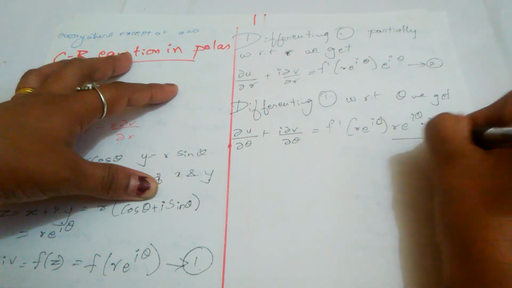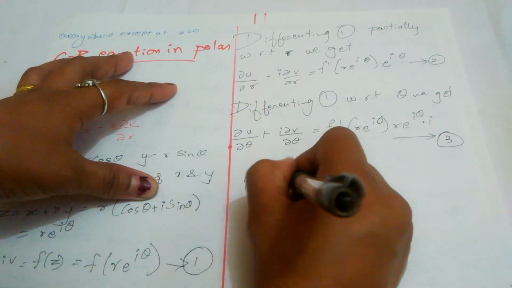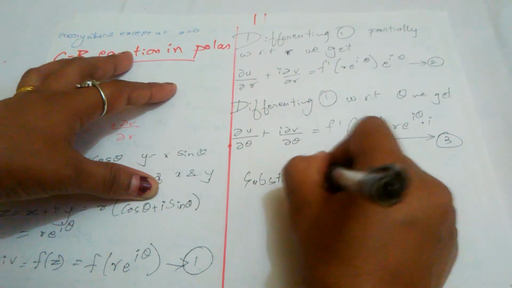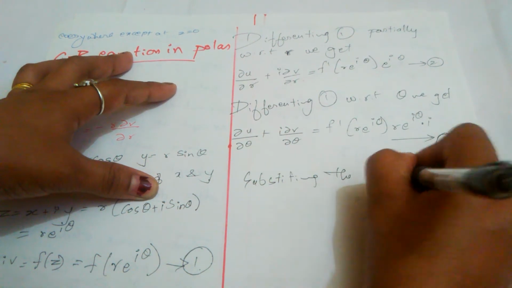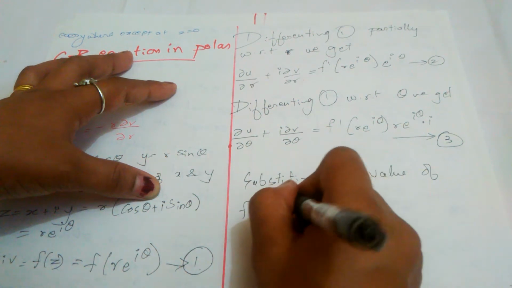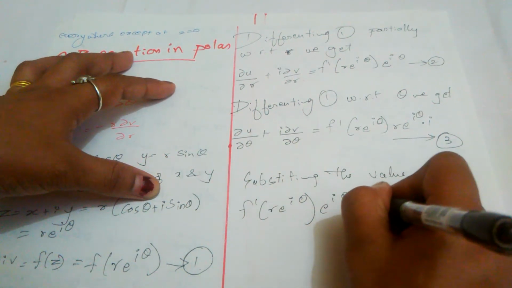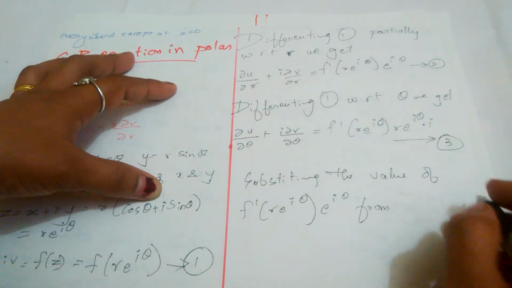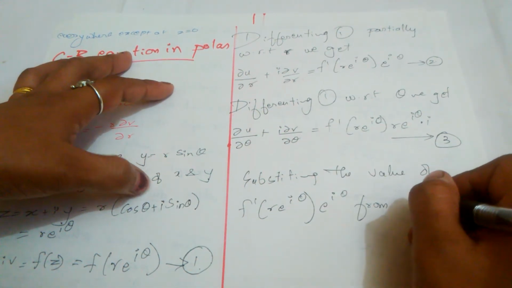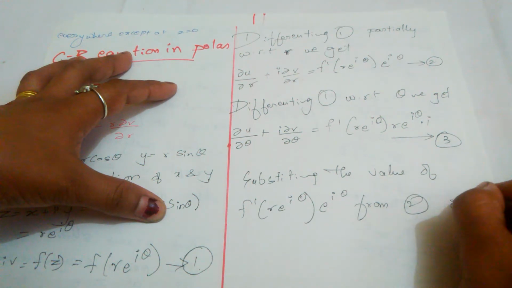Let me mark this as equation number 3. Now, as I told you, we substitute the value of f dash of r e^(i theta) into e^(i theta) from 2 in 3.